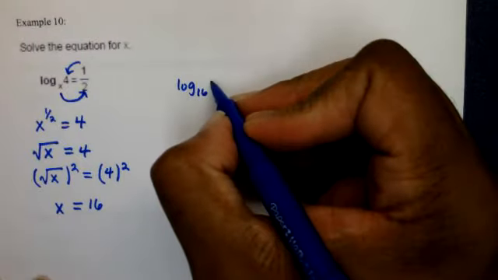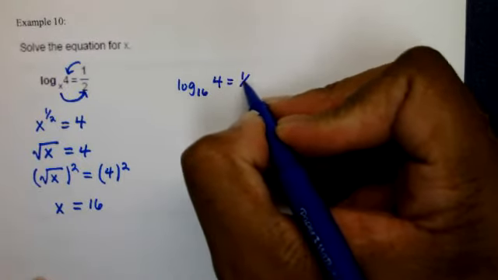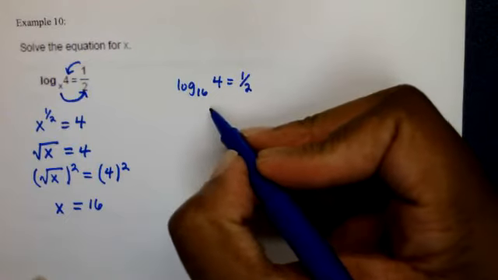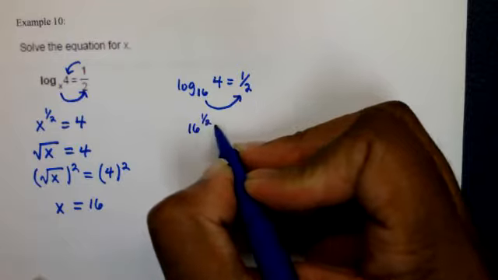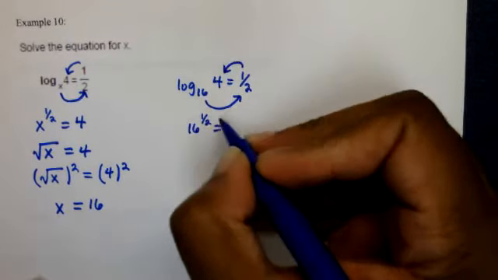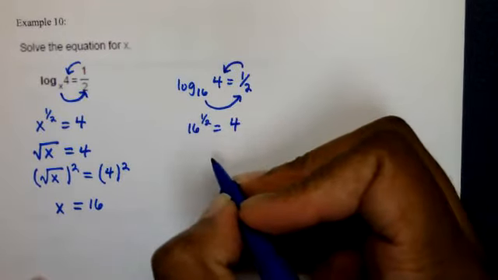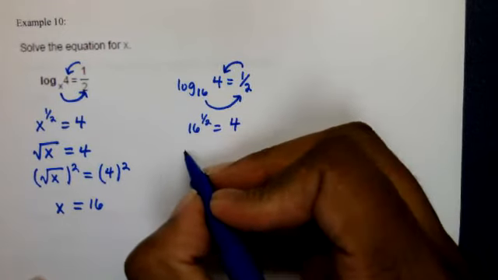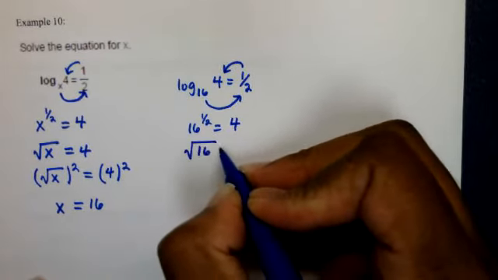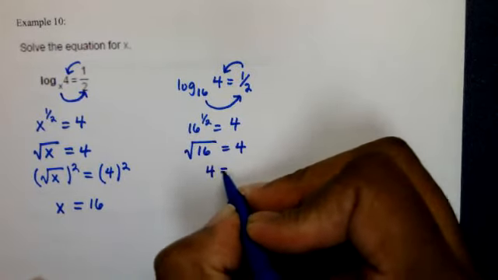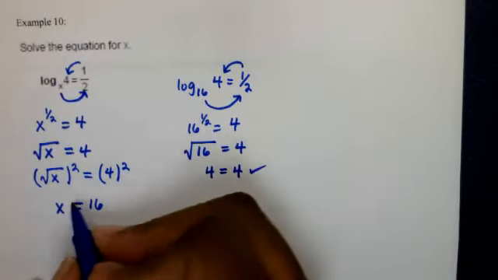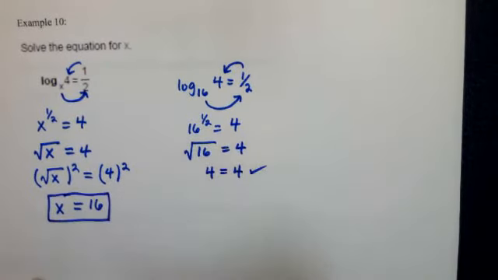We replace that with 16. 4 equals a half. And then 16 to the 1/2, if you convert it to exponential form, must be equal to 4. Well, 16 to the 1/2 is another way of saying the square root of 16, it should equal 4. Take the square root of 16, it does equal 4. So x equals 16 is the solution to that logarithmic equation.